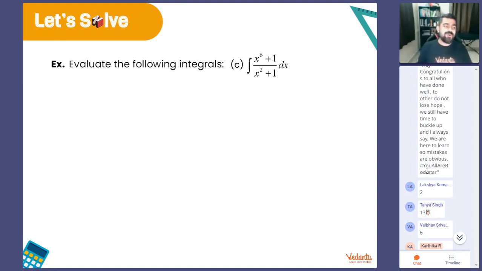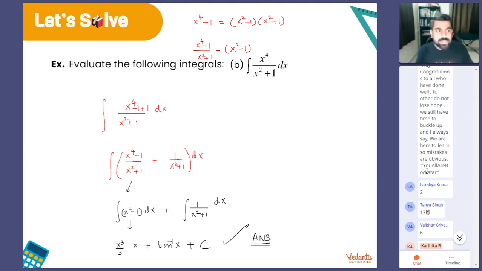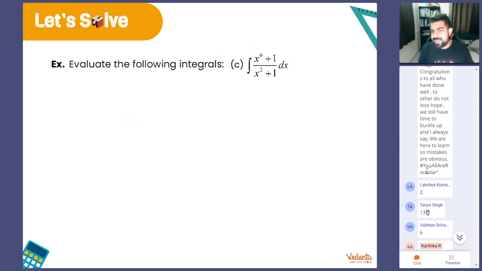Great. So now let us go to the next question and see how to approach this one. Again, here what are we using? In the previous question, I used a plus b into a minus b. And here we need to use a cube plus b cube.